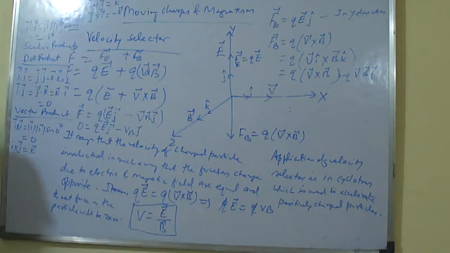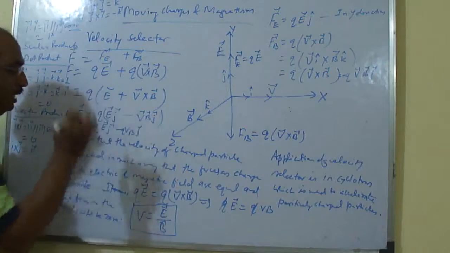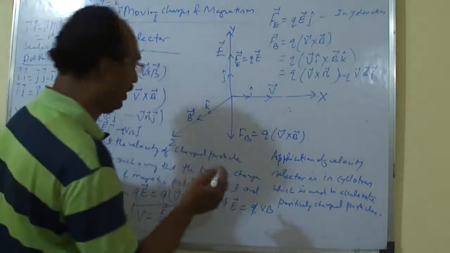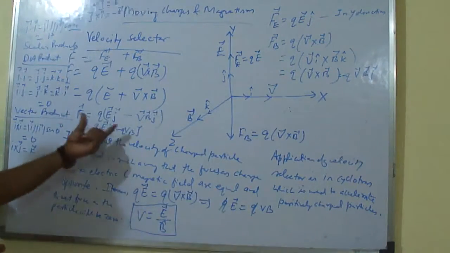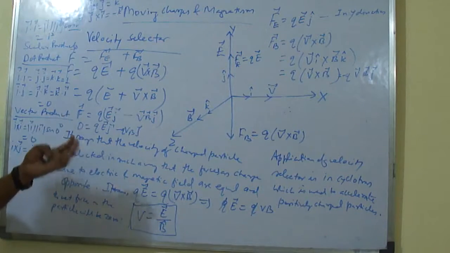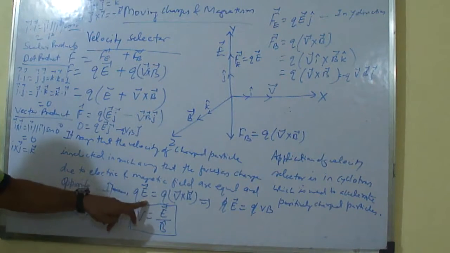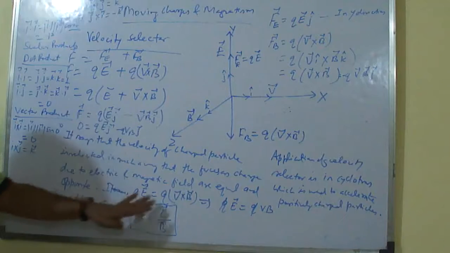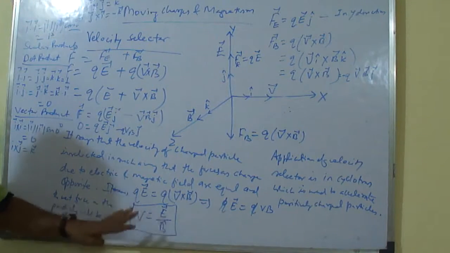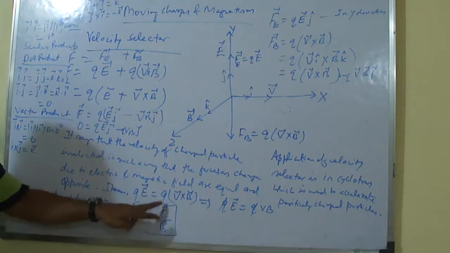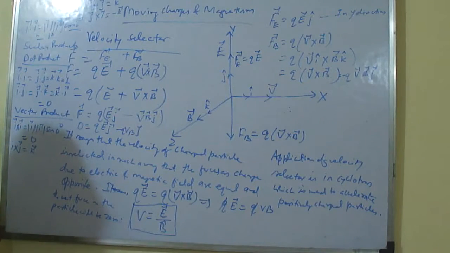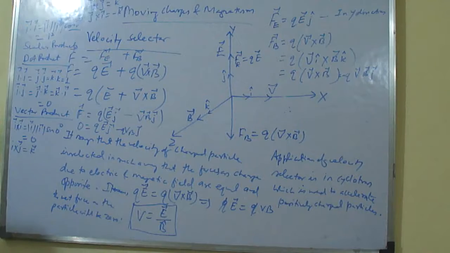Now you can get Q cancelled, when you are equating both of them together. Both are in the same J direction. So you can say V is equal to E by B, E J cap by B. This you can obtain by using vector product. That's why vector product is important to understand here. So this is the velocity selector.